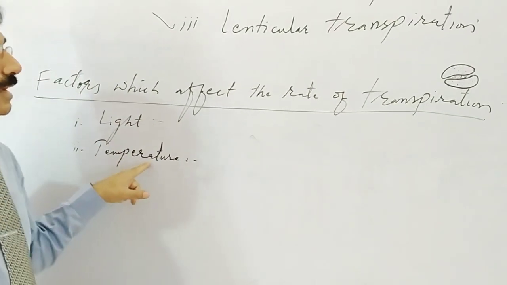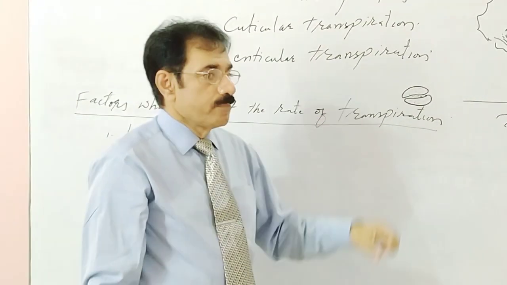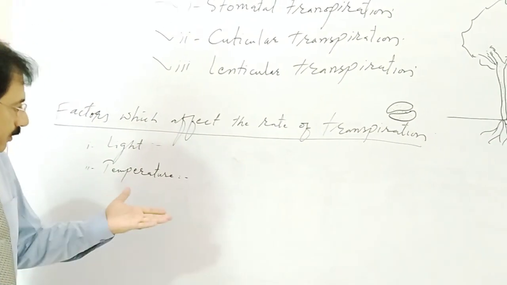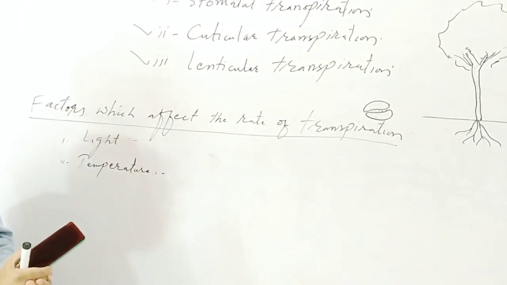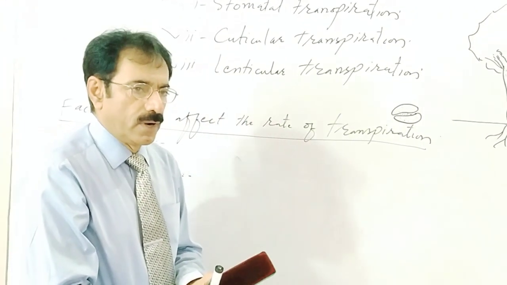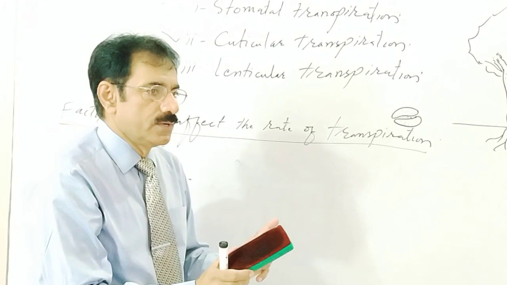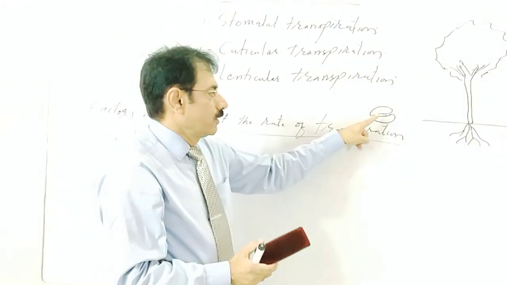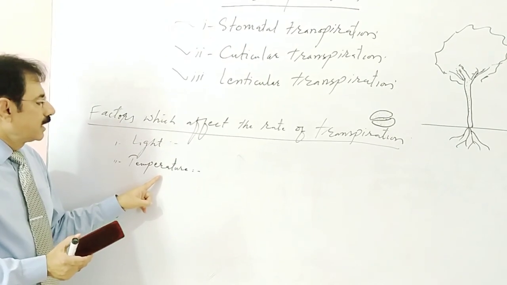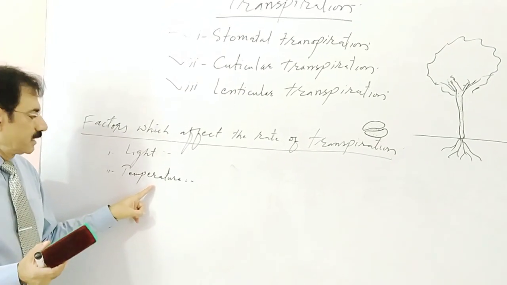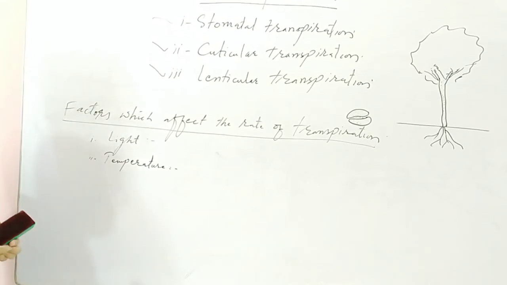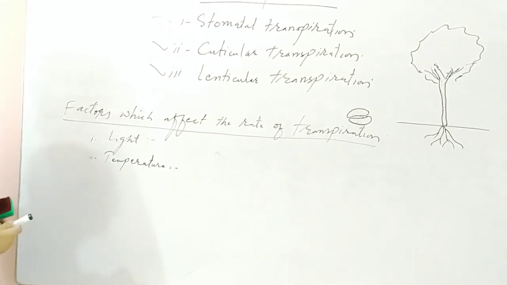Due to the environmental temperature, evaporation, the process by which water changes from liquid form into vapor form, increases. So the environmental temperature increases the vaporization, and thus it increases the rate of transpiration.